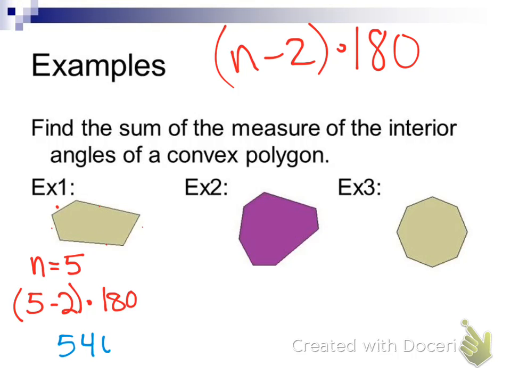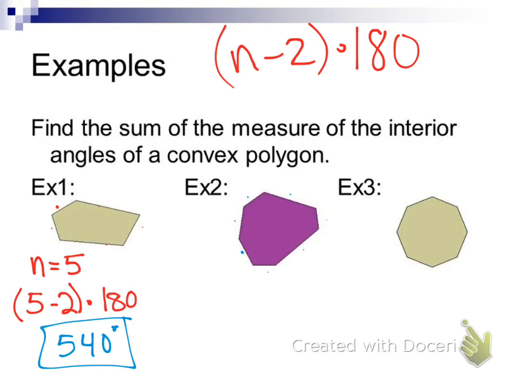540, good. Anyone unsure how we got 540? Did you get 540? Yeah. Awesome. All right, so for number 2, what's our n going to be now? And then multiply that number by 180.